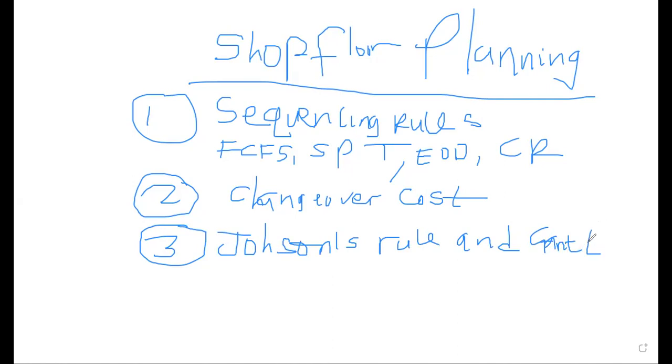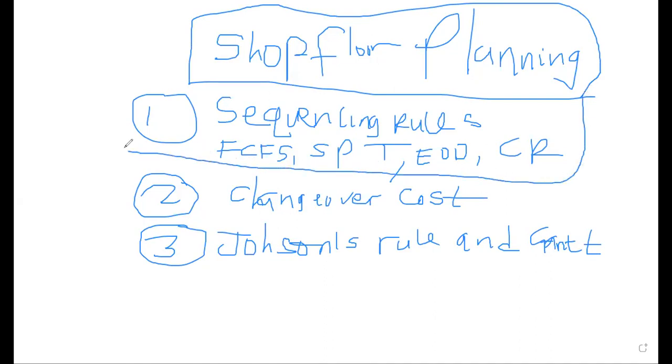So this is what is involved in this topic. It's a very important topic for scheduling of jobs. For those who missed the first part, in the first class we did the first part of shop floor planning, which is the sequencing rules.